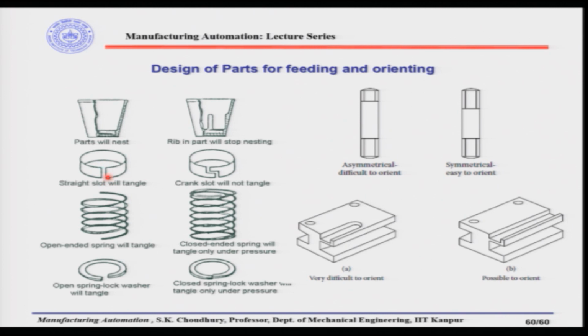For example, here there is a straight slot. So, parts of this kind stacked in the bowl feeder can actually get entangled. If we have a crank slot here instead of this straight slot, then two or a few of them cannot entangle with each other. So, this is the advantage of changing the small feature in the design.